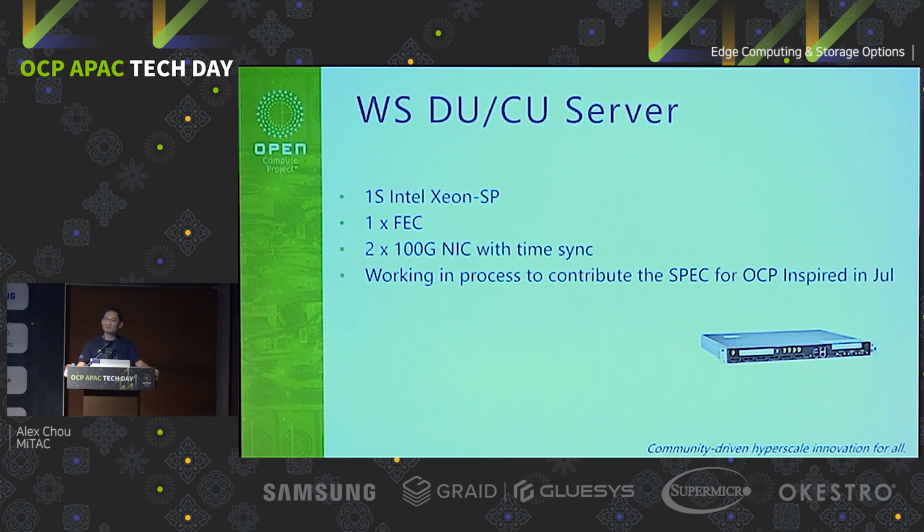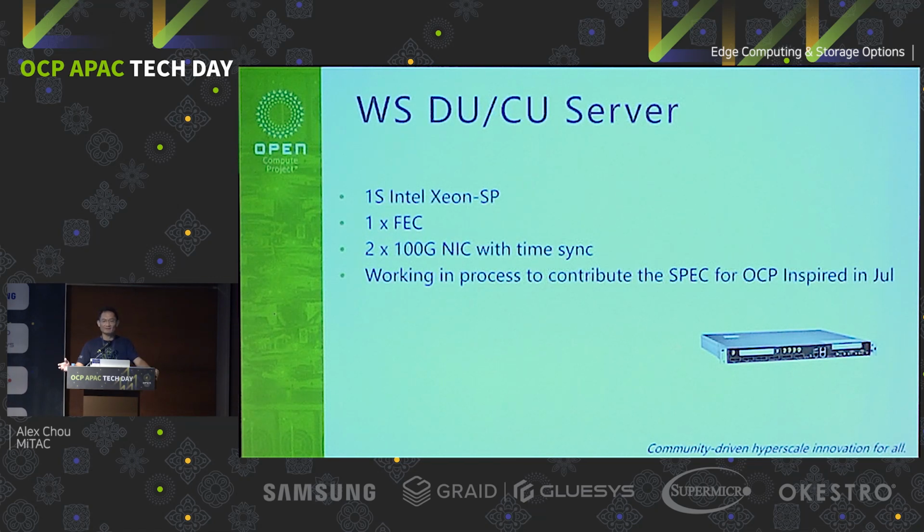I mentioned that after we joined ORAN, we have a purpose-built DU. So we understand more requirements from telcos. In that case, we purpose-built this DU in a 1U form factor. It's still a one-socket CPU. However, for the telco use case, we try to select a higher core count. For example, we select 32 cores, so we can do enough virtualization for the RAN.